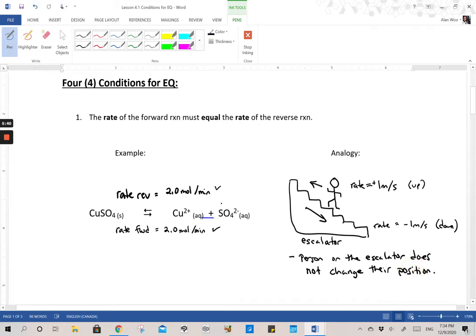He has not moved up or down. So basically, the displacement is still zero for all you physics people. But in terms of the rate, they're both equal. And when they're both equal, you basically have an equilibrium, a balance. So that's the first condition for any chemical reaction. You have to have equal forward rates and reverse rates.